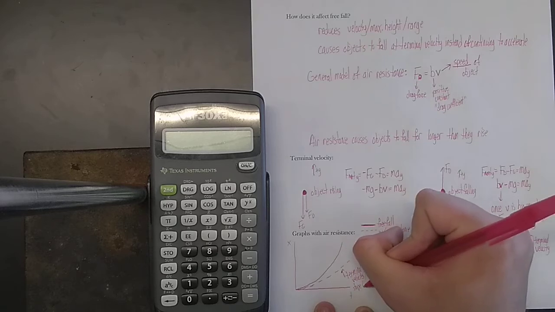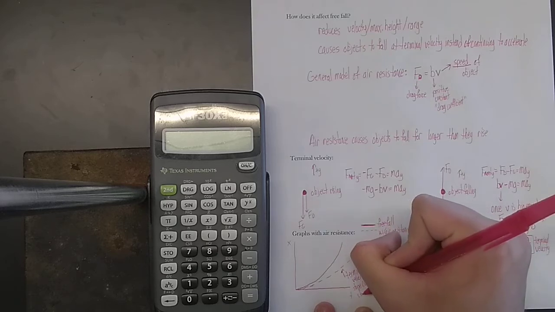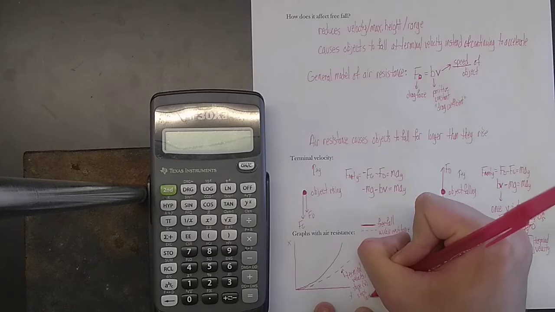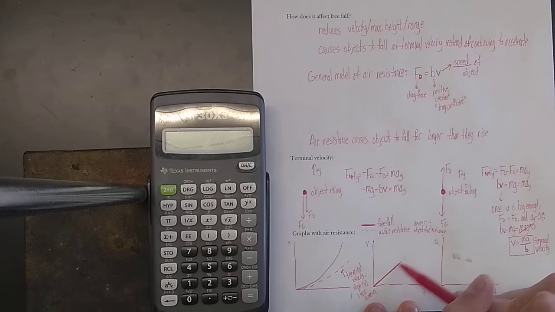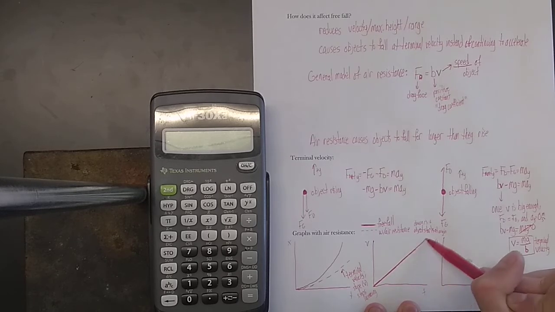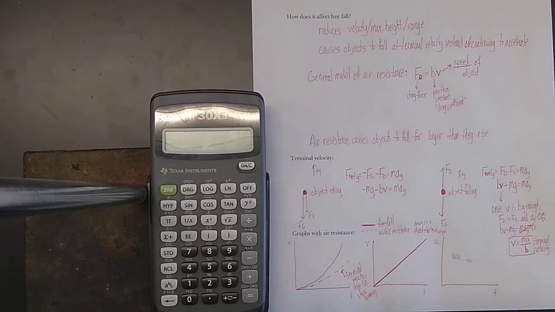And therefore the slope, the velocity, stops increasing. As far as the velocity versus time graph goes, if we are dealing with something in free fall, the object will continue to accelerate forever. That acceleration is constant, so the slope of the velocity versus time graph is constant. However, for an object with air resistance acting on it, we know that the velocity eventually tops out at terminal velocity. It doesn't get any faster than that. That might look something like this.